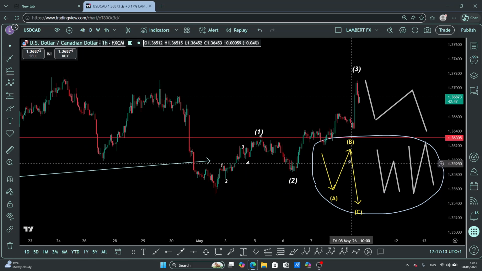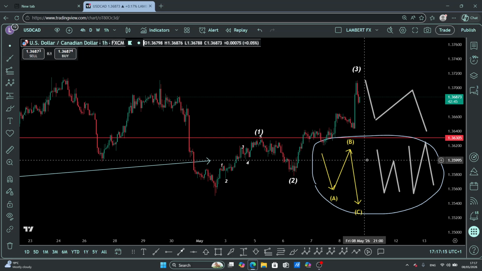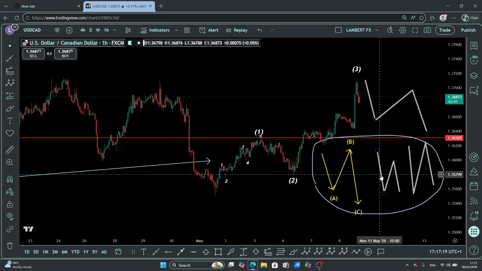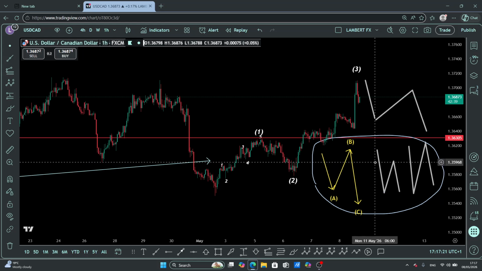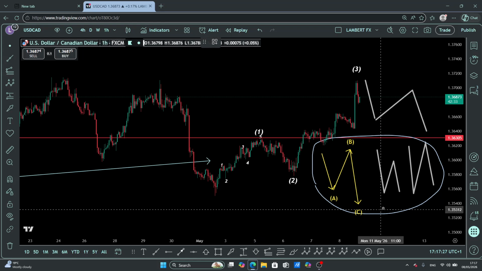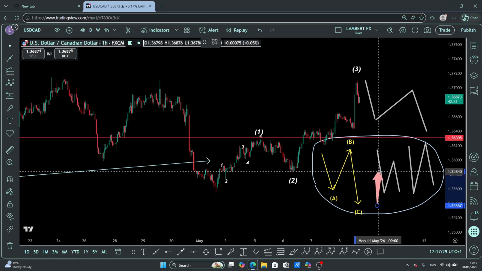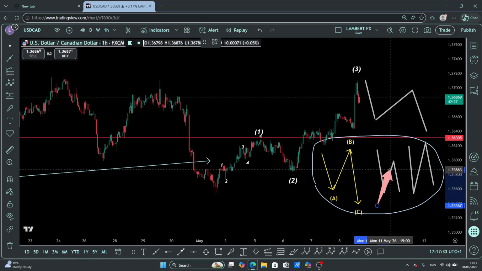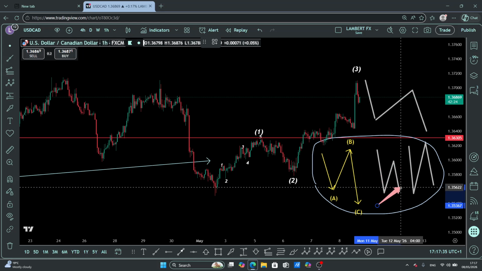The middle one, this one right here, is called a regular flat. A regular flat is where your first leg down is 3, the second leg up is 3, and your third leg down is 5.